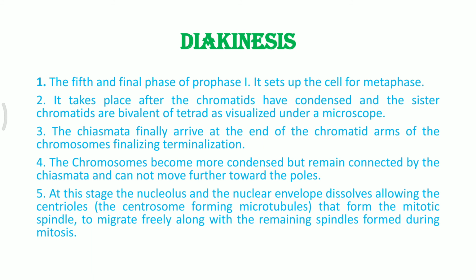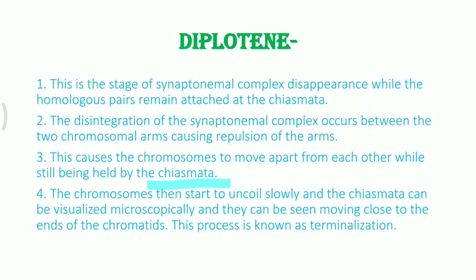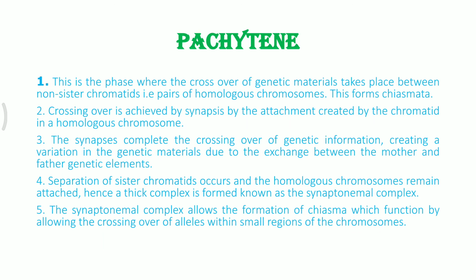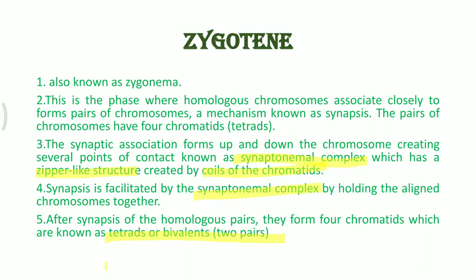So that's why terminalization has already started in the previous stage of diplotene. But in the diplotene, when we talk about it, it just means that crossing over has completed in this stage. Diplotene is the completion of crossing over. Pachytene is the initiation of crossing over. Zygotene is the initiation of the synaptonemal complex.